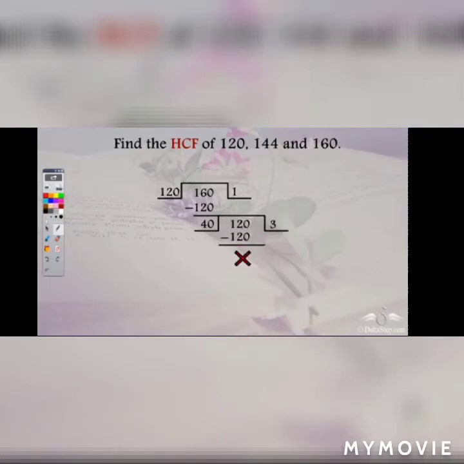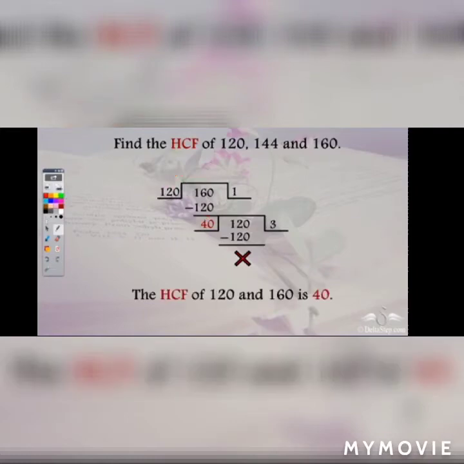And I get the remainder 0. So this cross is for 0 remainder. So 0 remainder or no remainder means that I need to stop here. So this 40, which is the divisor of the last step, is actually the HCF of 120 and 160. So 40 is the HCF of 120 and 160.